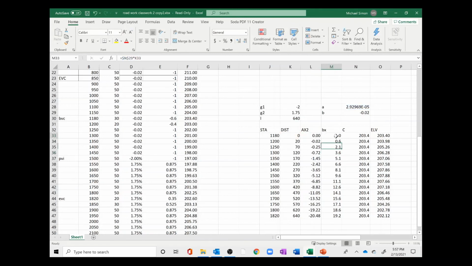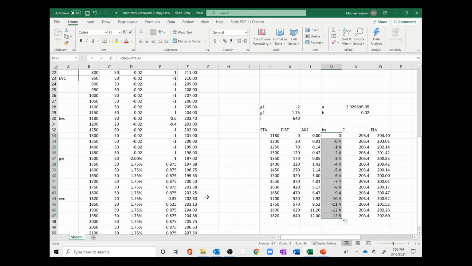AX squared, BX. For some reason that didn't go down. There we go. Okay. These should be negatives.